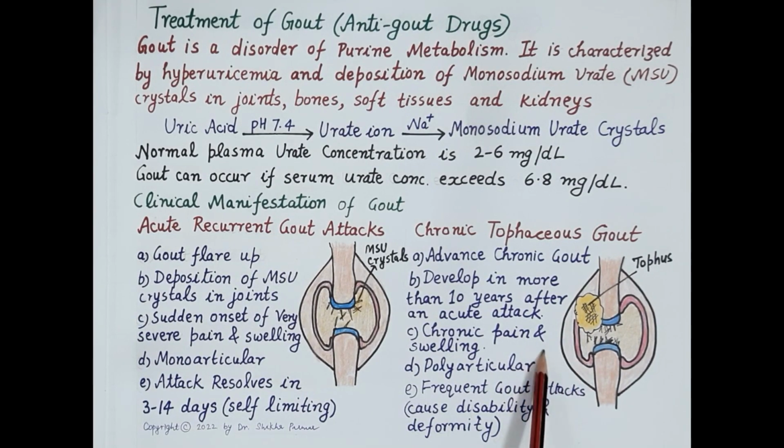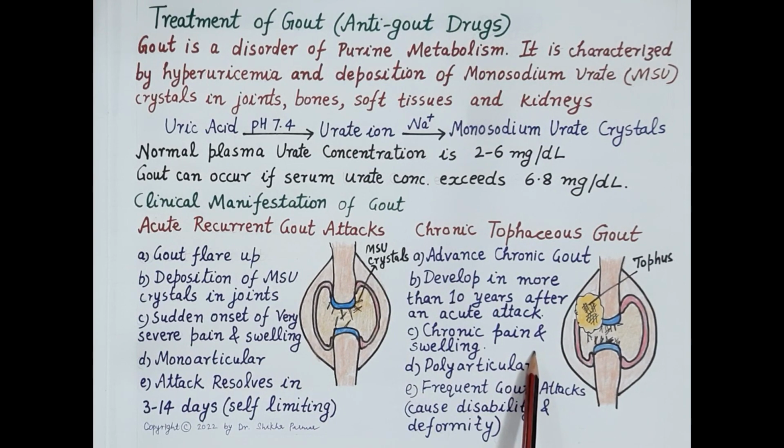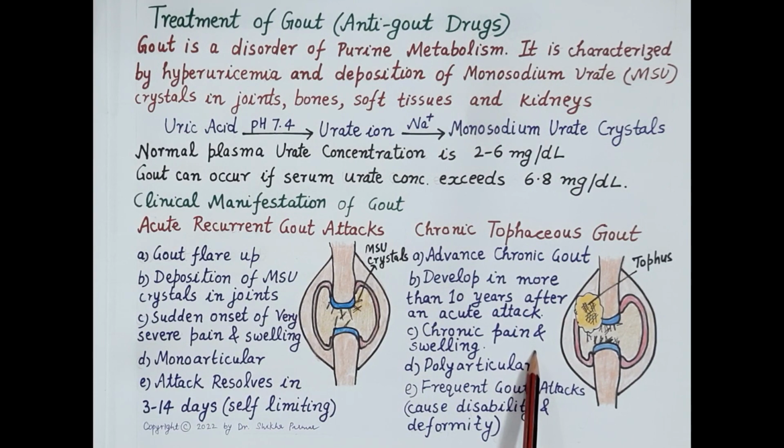So, chronic gout is treated by reducing the concentration of uric acid in the blood. So, drugs like allopurinol that inhibits synthesis of uric acid, and drugs like probenecid that increase the excretion of uric acid are used in the management of chronic gout.